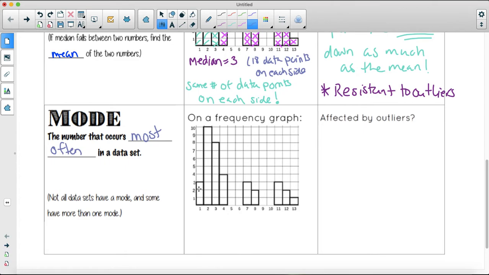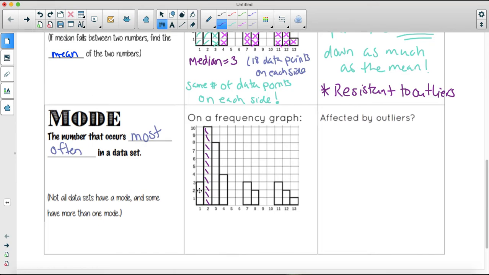So this part of the graph happens 3 times, this one happens 10 times, 8 times, 4, 3, 8, 11, 3, 2, 3, 2, and 1. The one that happens the most is the value of 2. There are 10 of these.